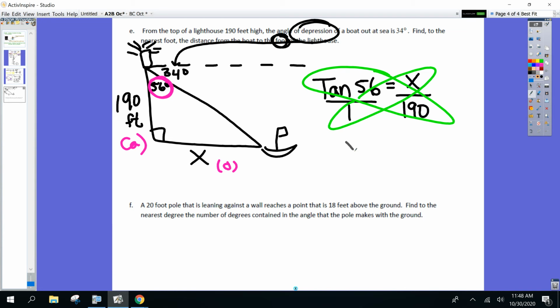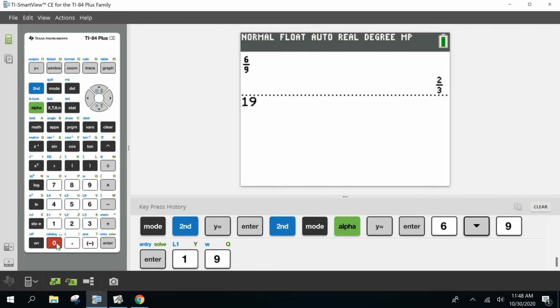On one side, you get x. On the other side, 190 times tangent of 56. And that's in your calculator. 190 times tangent 56.